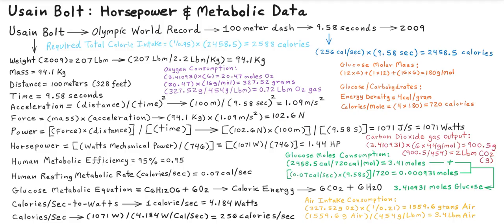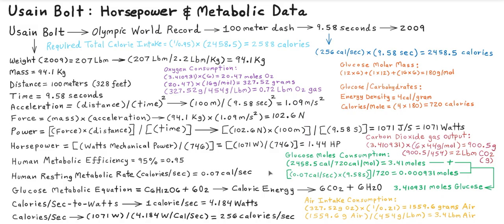The required total caloric intake at 95% metabolic efficiency, the reciprocal 1 over 0.95, is 2588 calories, which were broken down into 2458.5 calories output in the form of kinetic energy.